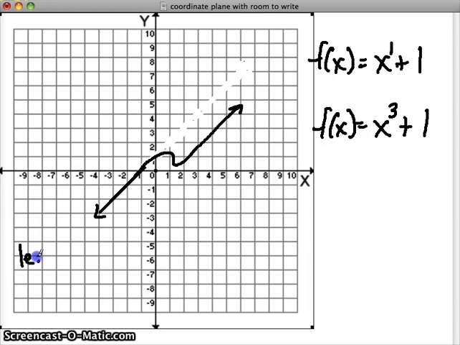So the left side, end behavior. What's happening here, we're going to describe it in terms of inputs and outputs, or x values and y values. If I move left with my inputs or my x values, my outputs are going to go more and more down, right? They're going to go more and more negative. So we use that and describe it like this.